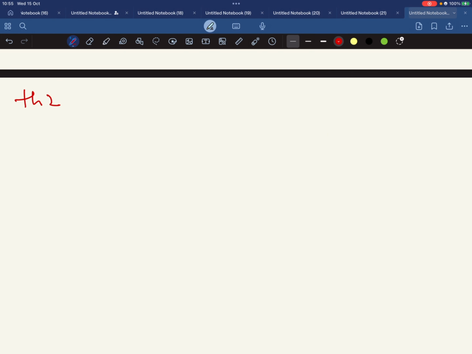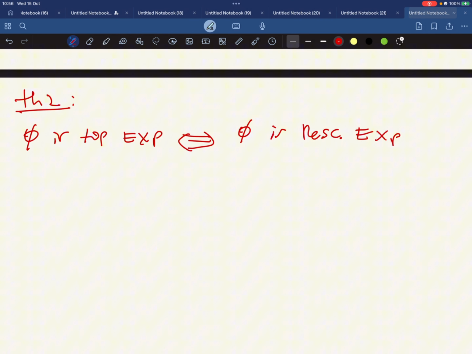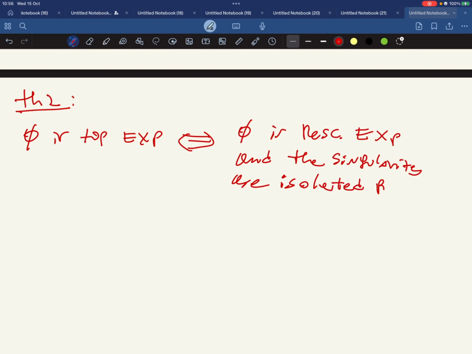Then theorem 2: phi is topologically expansive if and only if phi is scaling expansive and the singularities are isolated points of the space.